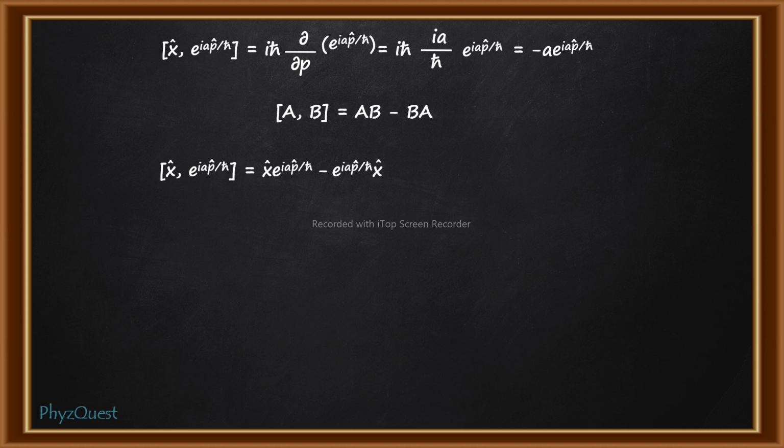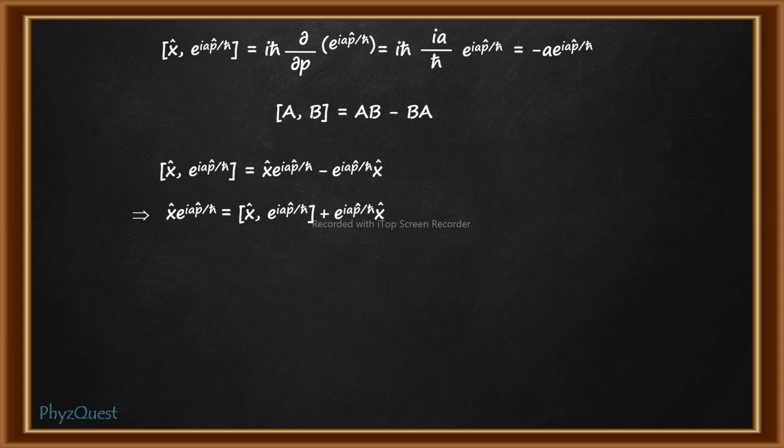Again, our point of concern is to find out whether the eigenstate |x> is an eigenstate of the operator x cap e to the power i a p cap by ħ. So we can write x cap e to the power i a p cap by ħ as equal to the commutation relationship between x cap and e to the power i a p cap by ħ plus e to the power i a p cap by ħ x cap.